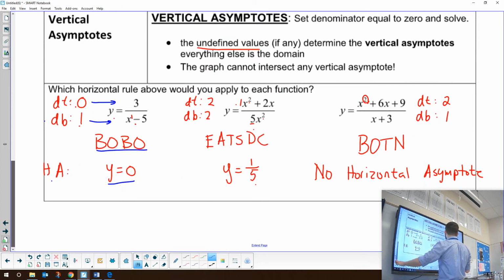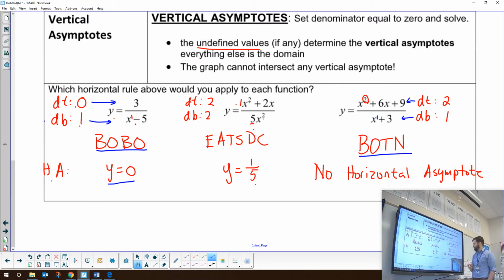This one down here, our third one, has a degree of 2 on top and a degree of 1 on bottom. So that shows me bigger on top, no horizontal asymptote. So that's bigger on bottom, y equals 0. Bigger on top, no horizontal asymptote.